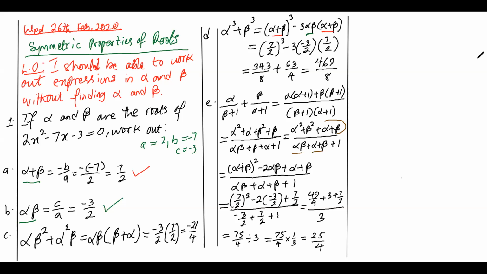So, question 6 is 3 alpha squared beta cubed plus 3 alpha cubed beta squared.